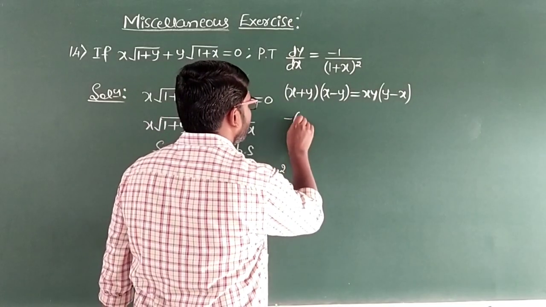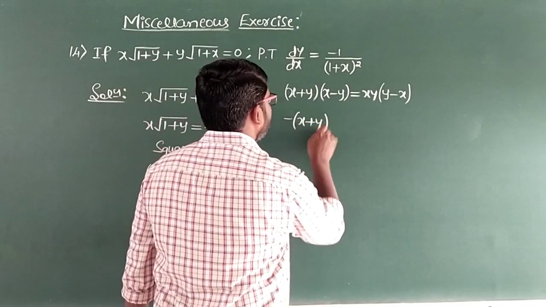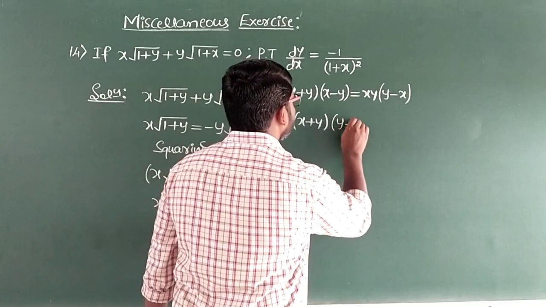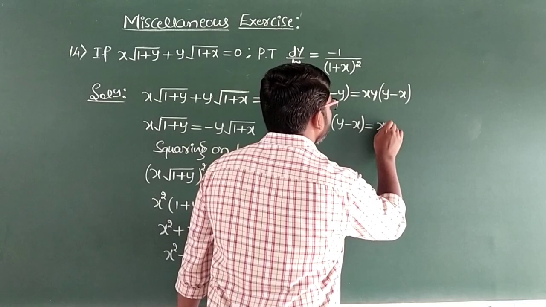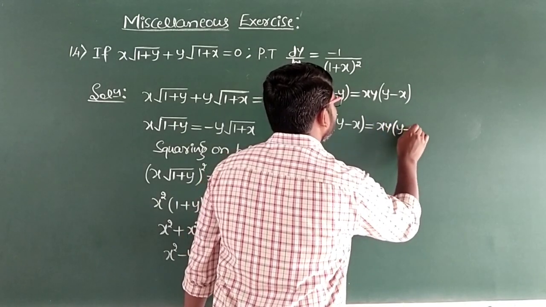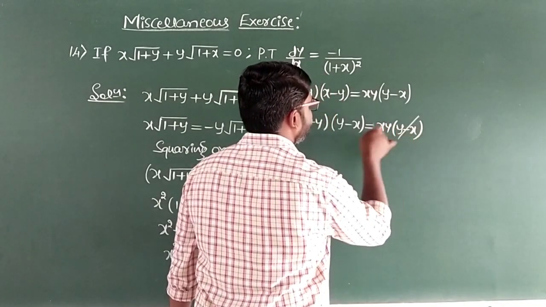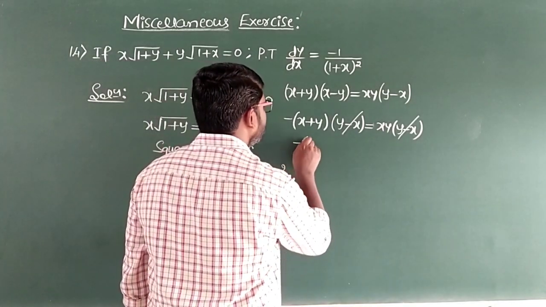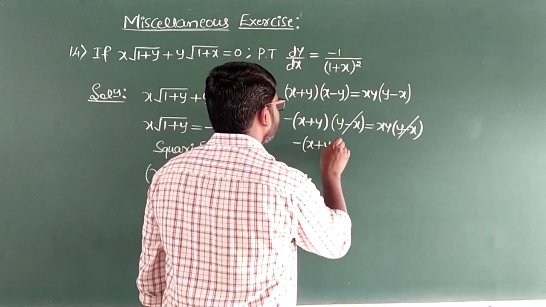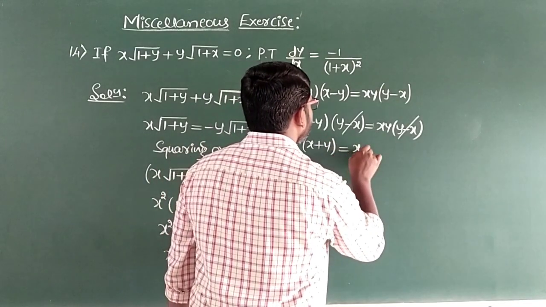So minus (x minus y) gives y minus x, equals xy into (y minus x). So here y minus x and y minus x cancel. Write the remaining term now: minus x plus y... equals xy.